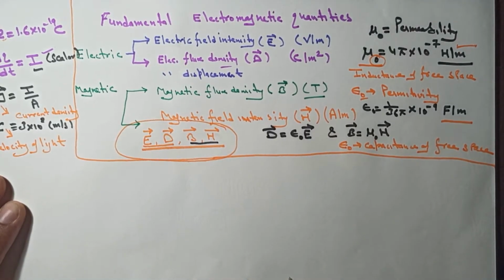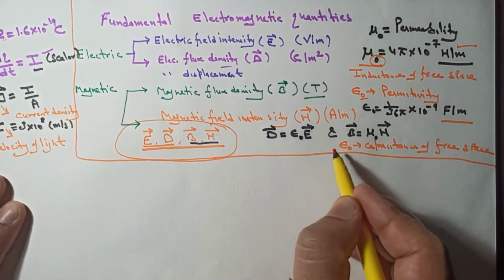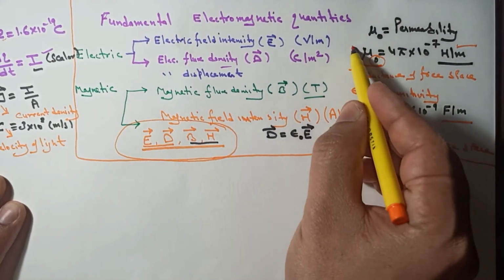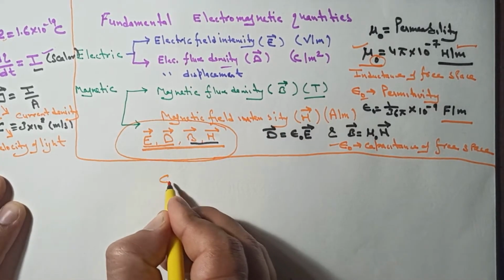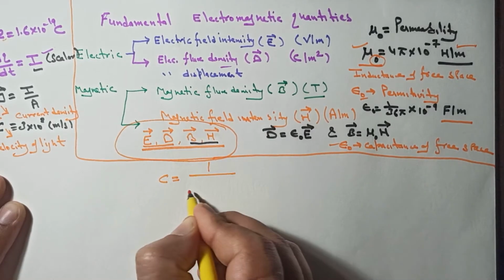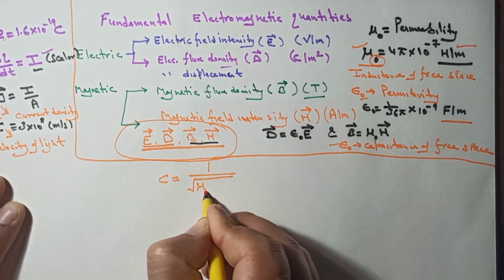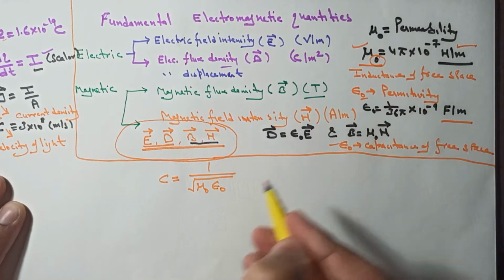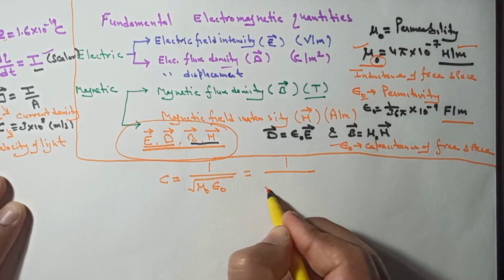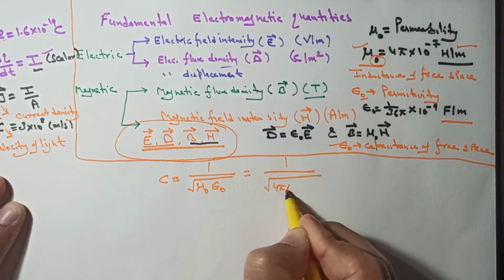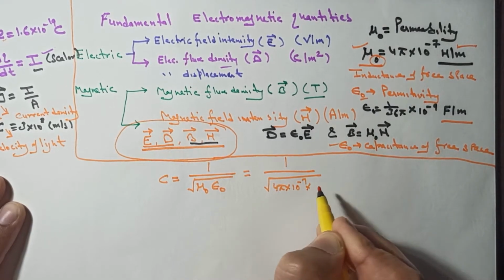Again, this epsilon naught and mu naught also have a relation with c, the velocity of light. How? c is equal to 1 upon under root mu naught epsilon naught. You just put the values here. What is the value of mu? It is 4 pi into 10 power minus 7.